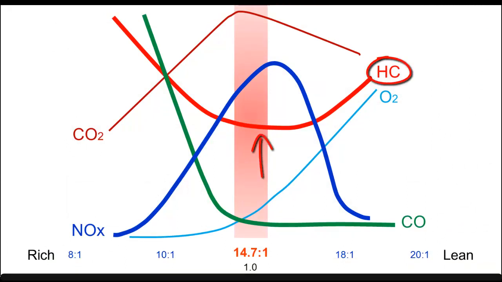Hydrocarbons low at 121 parts per million. Carbon monoxide low at 0.396%. NOx normal at 235 parts per million. Carbon dioxide high at 12.86%.